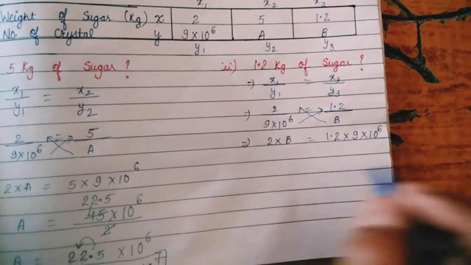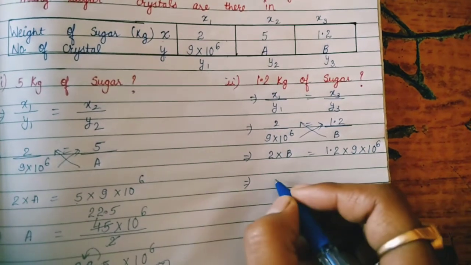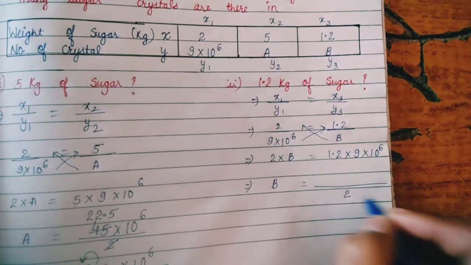Here the multiplied 2 will go to the opposite side in division, so B remains as it is, divided by 2.